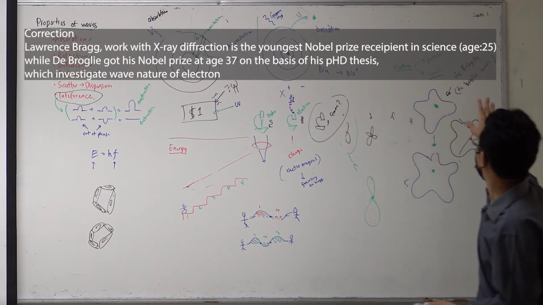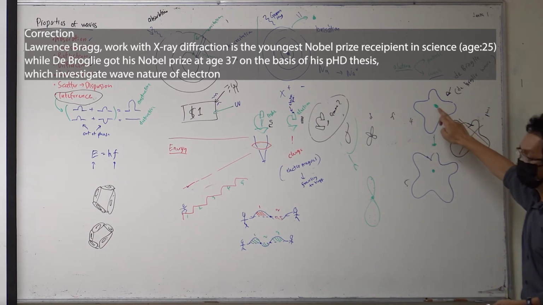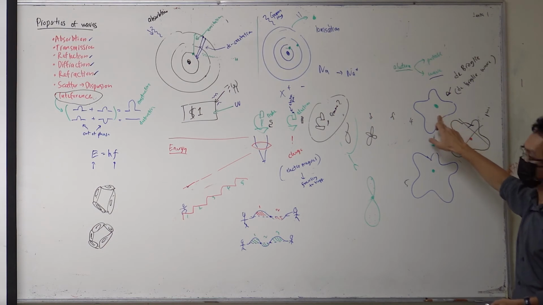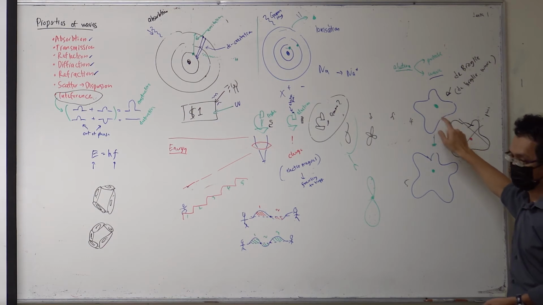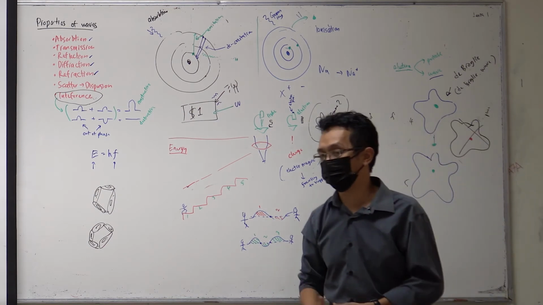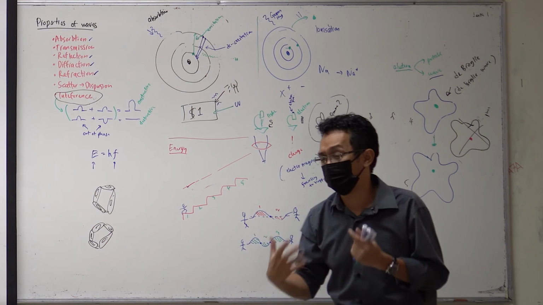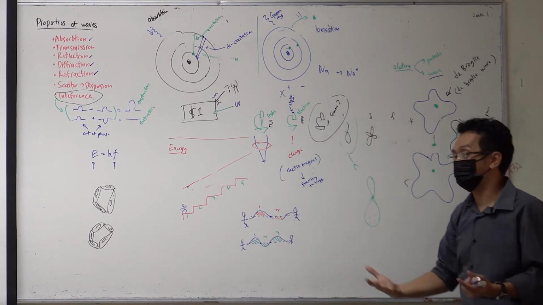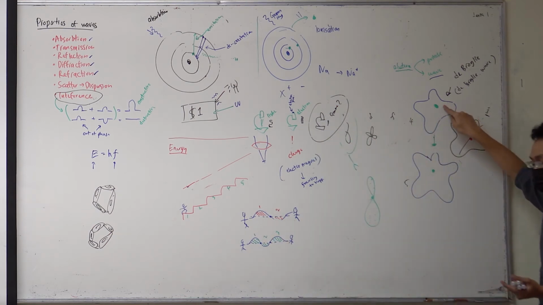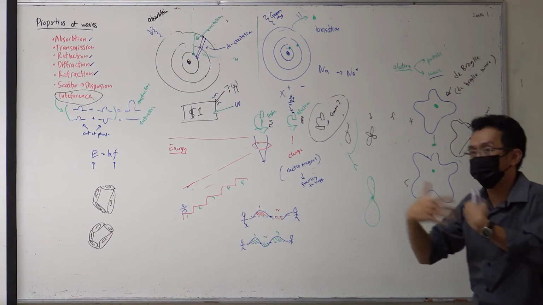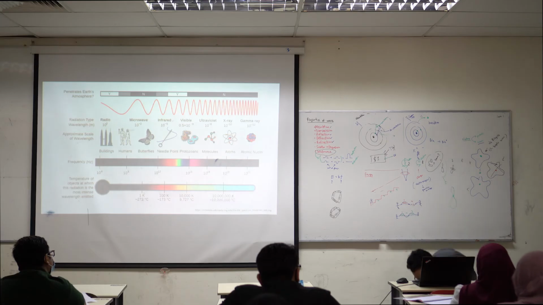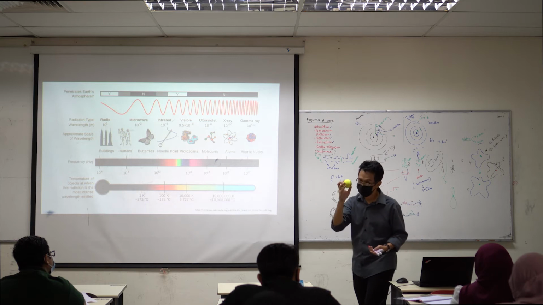Anyway, so that's the thing. This concept also tells us that everything has a wave property, because everything is made of atoms, and atoms have electrons. So if this is true, everything should emanate a wave, right? For example, let's say I have this tennis ball.